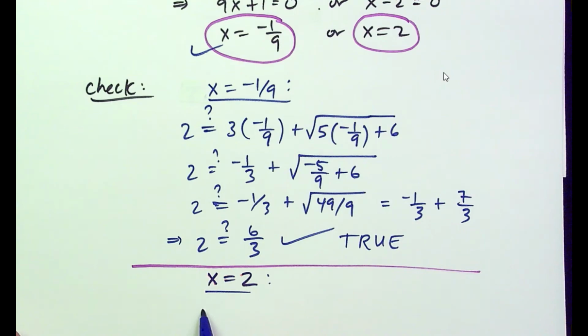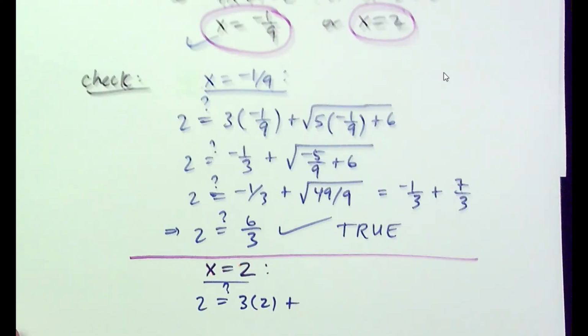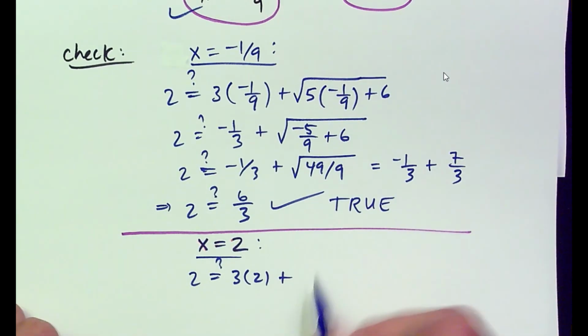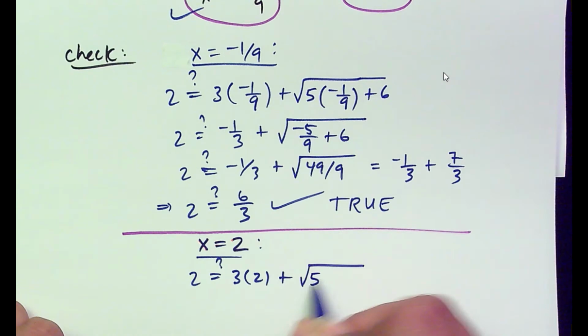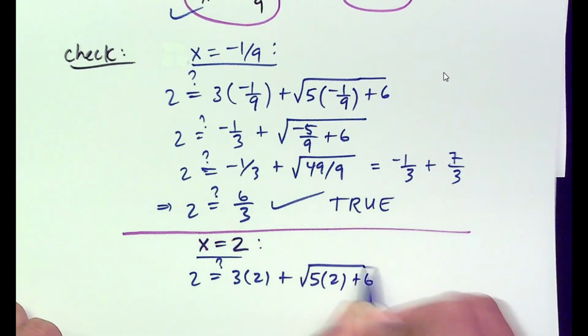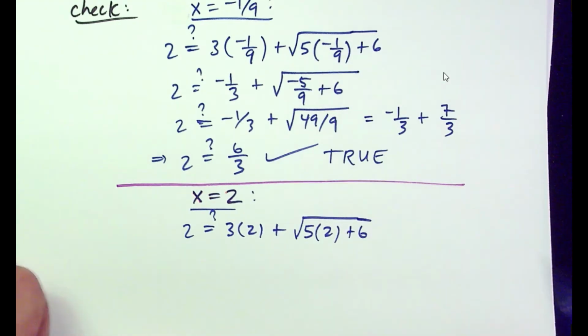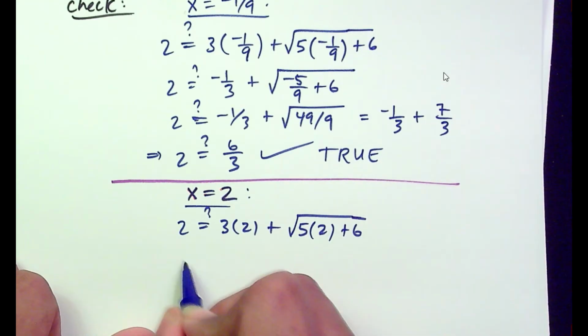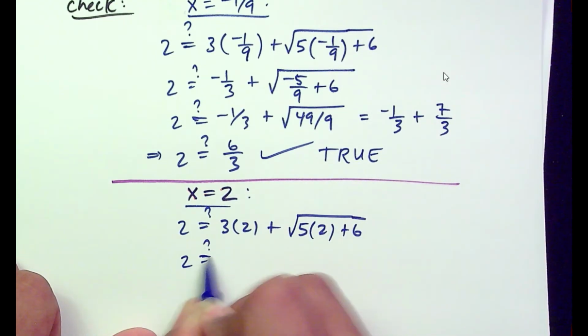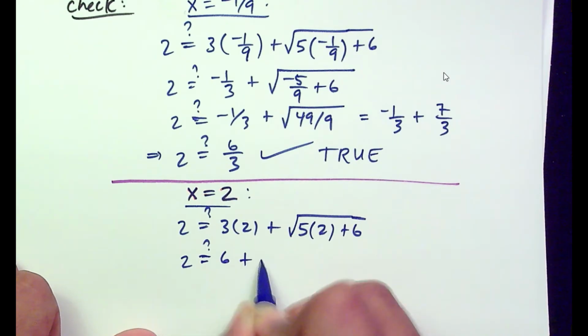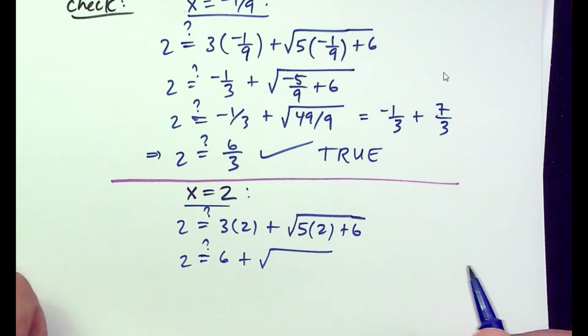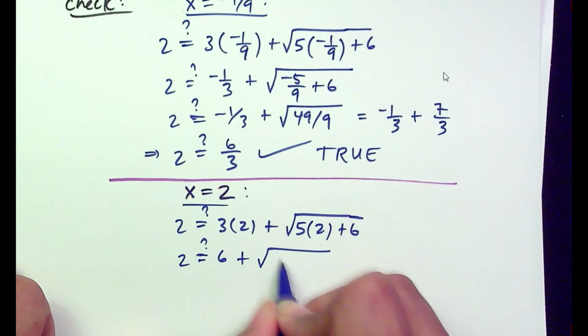You're going to get, is it true that 2 equals 3 times 2 plus the square root of 5 times 2 plus 6? Okay, I don't know. We need to simplify this to figure that out. 3 times 2 is 6. 5 times 2 is 10, and 10 plus 6 is 16.